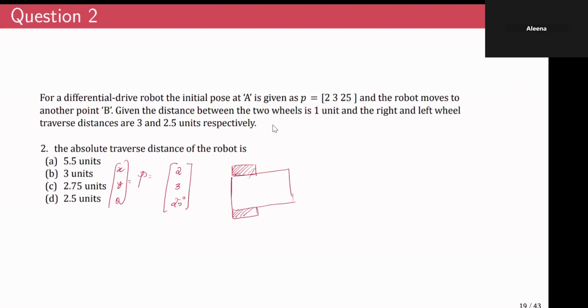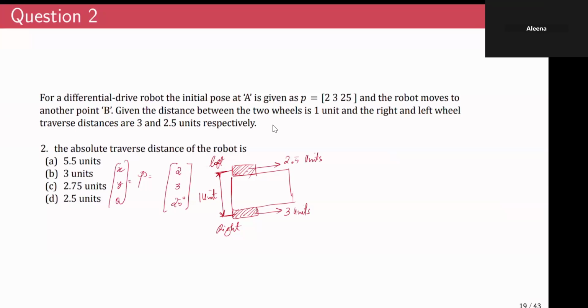I'll label this the left wheel and this the right wheel, and the distance between the two wheels is 1 unit. The right and the left wheel traverse distances of 3 and 2.5: the right wheel traverses 3 units and the left wheel traverses 2.5 units.